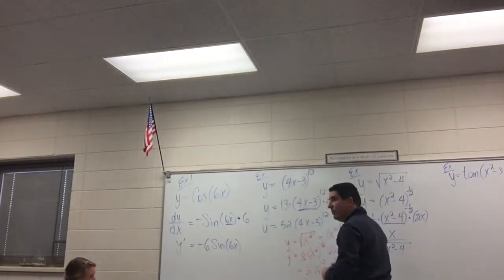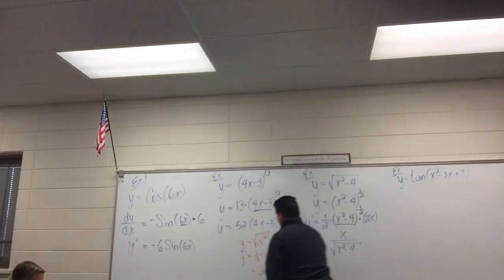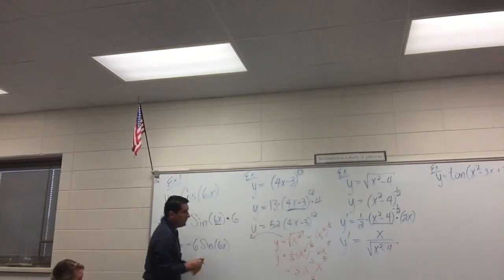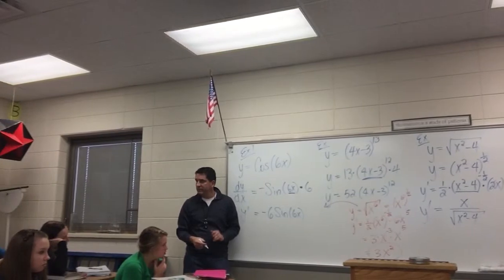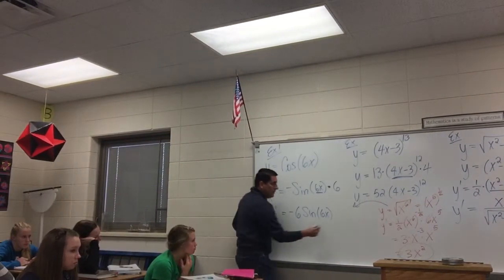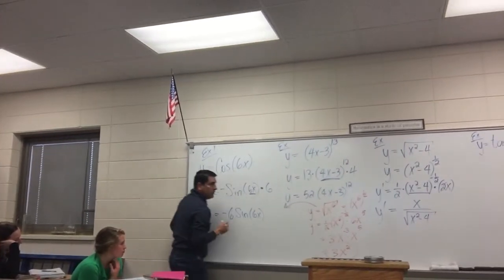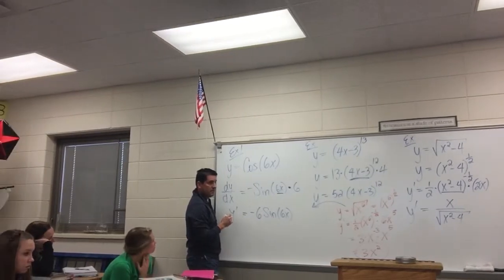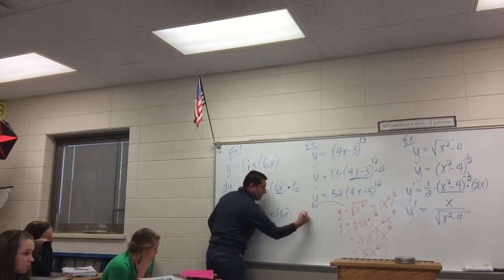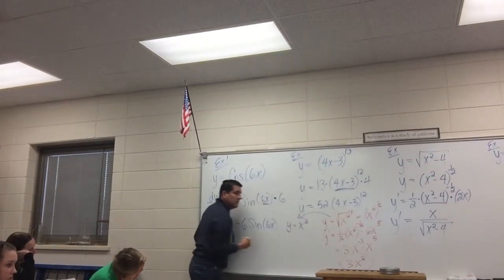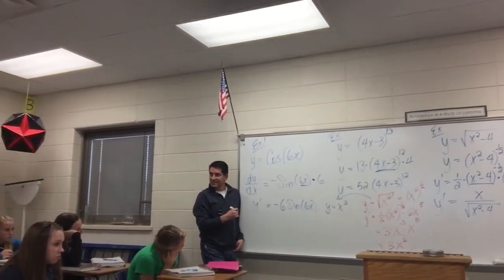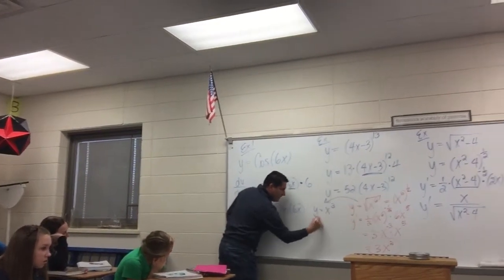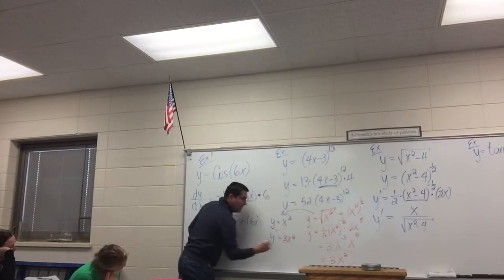So let's see if the rule works. Sam said, well, can't you just take the square root of it first and then find the derivative? Well, what's the square root of x to the 6th? It's x to the 3rd. And then the derivative is 3x squared. Same thing.